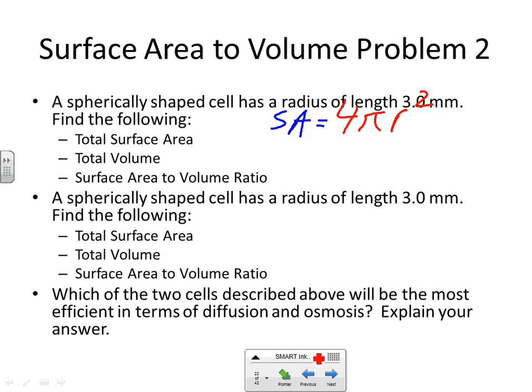So in this first cell, the radius is 3 millimeters. So our surface area is 4 pi times 3 squared. I'm just going to go ahead and write 9 there, 3 squared. So we multiply that out and we get 36 pi. I would go ahead and multiply out the pi. So 36 times pi times 3.14. We get about 113.